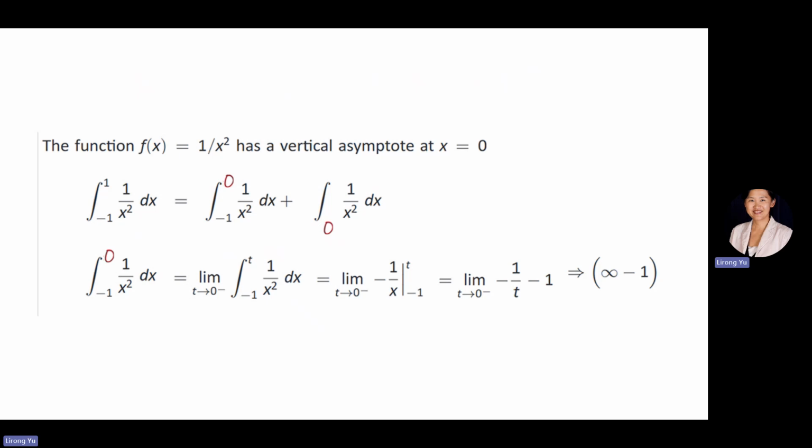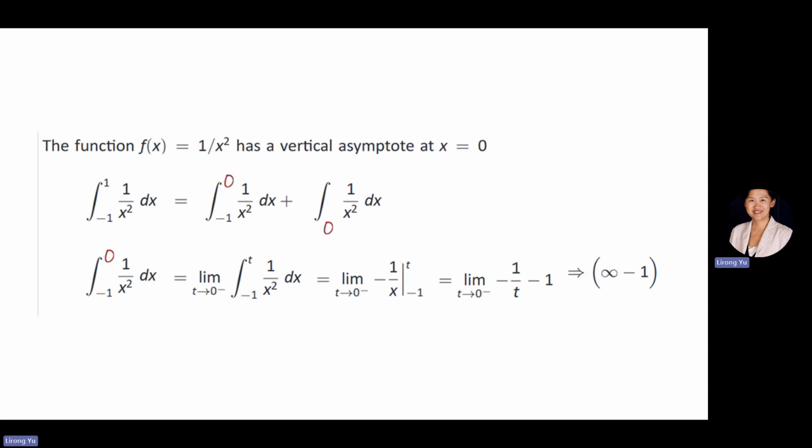So first we're going to handle this first one. For the calculation, you make the upper limit not 0. You can't calculate at 0, 0 is out. So calculate t. You integrate -1 to t of 1 over x squared. The antiderivative is -1 over x. And you plug in t, plug in -1. So it's -1 over t minus 1.